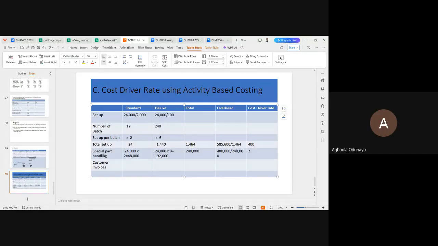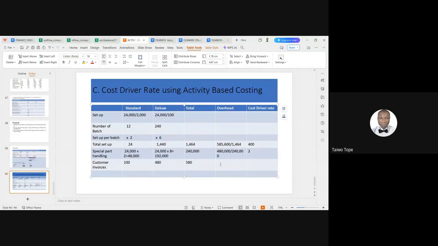This is direct. So for you to know the cost of one invoice, you get the overhead apportioned to invoices and divide by the total for the year. For standard it is 100, for deluxe it is 480. The total is 580. So overhead apportioned to invoices is what?